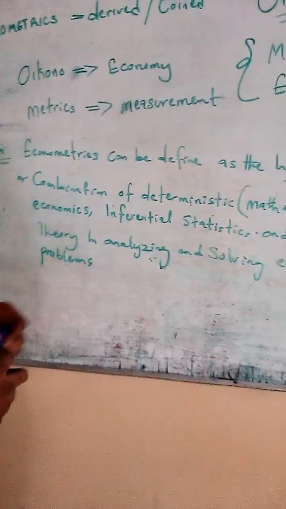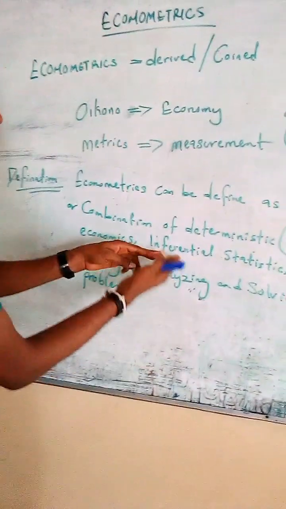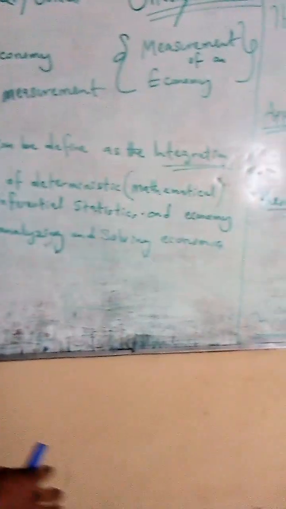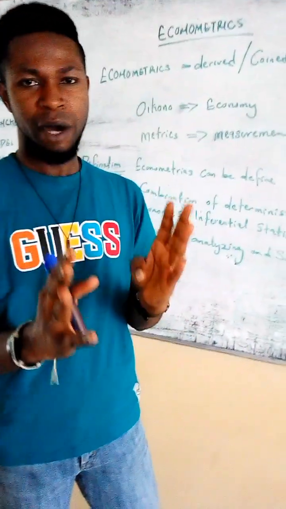In other words, we use mathematical economics, inferential statistics, and economic theory in analyzing and solving economic problems. So that is what econometrics basically is all about.